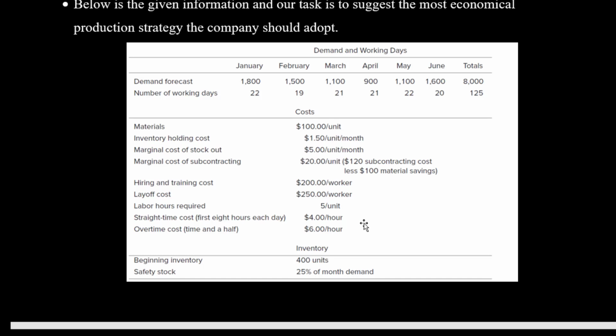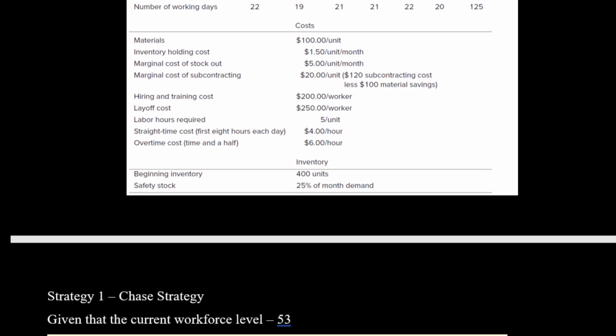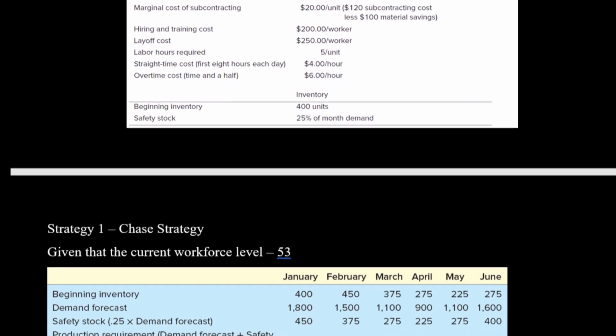The current beginning inventory is 400 units, and also the safety stock required to be maintained is 25% of the monthly demand. So with this information, let us start calculating the first strategy, which is the chase strategy.